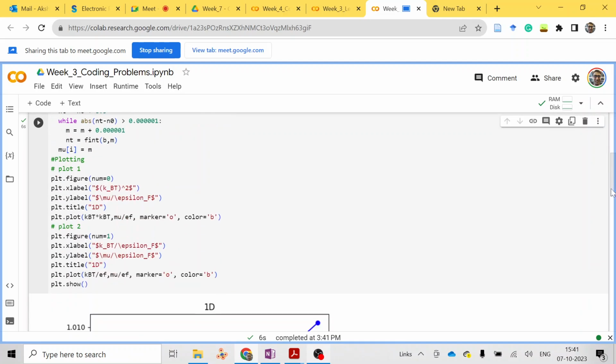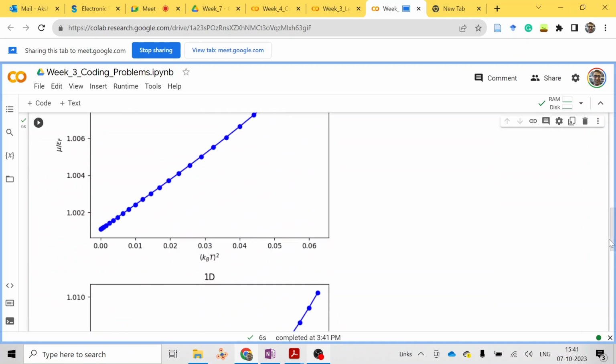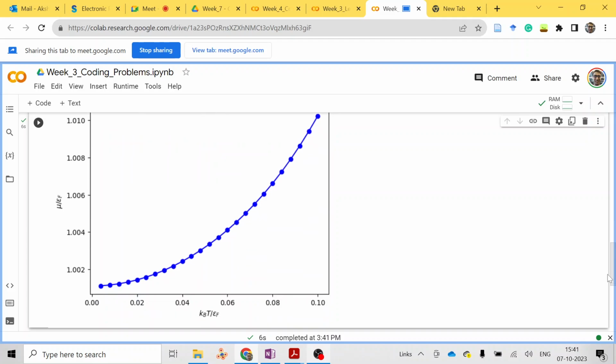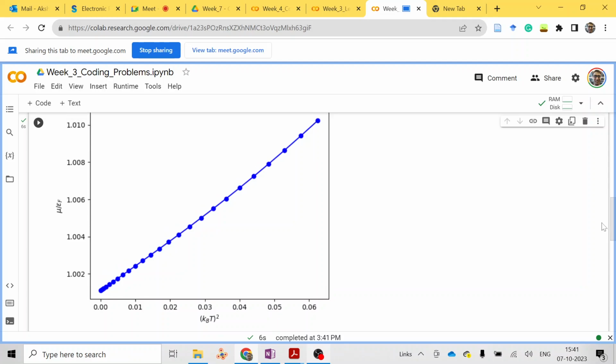Sorry, I just repeated it, but basically the mu value will increase with temperature T.